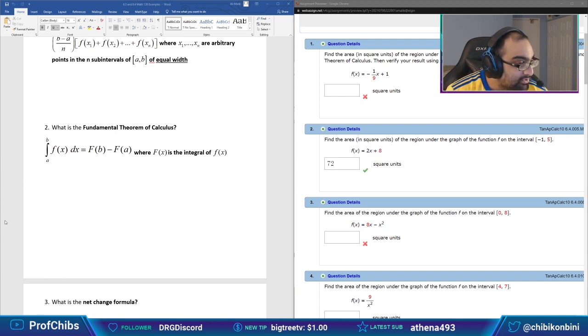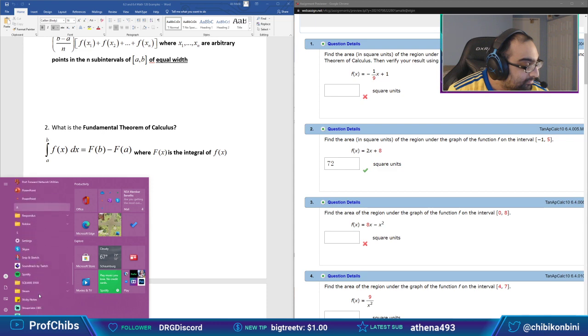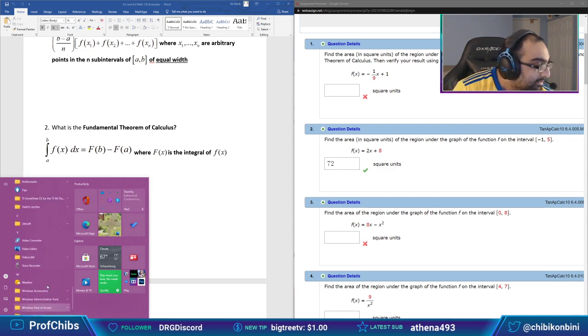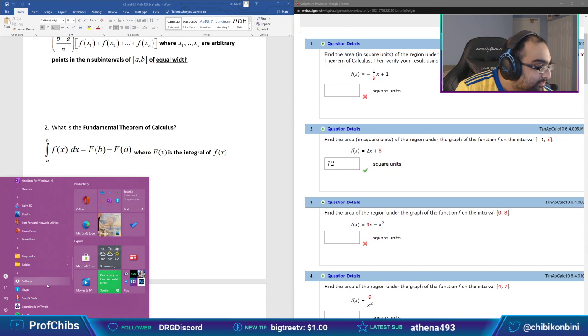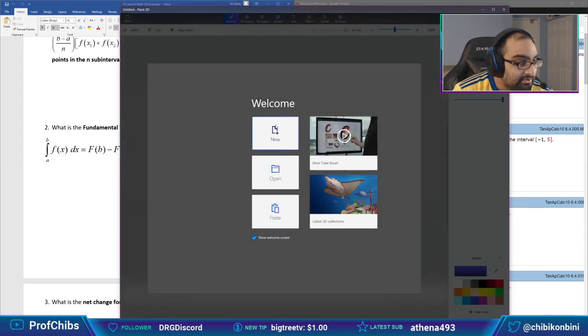Let's try the next one here. Maybe I'll try the paint tool one more time. If it doesn't like that for some reason, then I'll have to try something different.